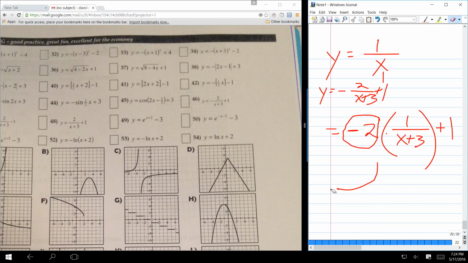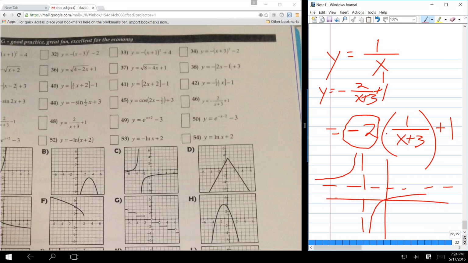Okay, so let's draw our grid. What's the horizontal asymptote? One. Yep. And normally I'd be drawing there and there, but this negative sign should make it look like that and that. So that's what I'm looking for.